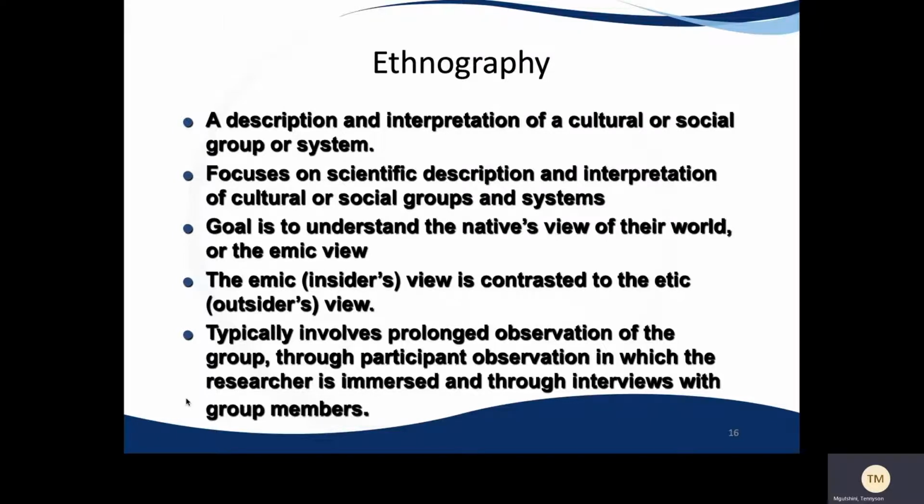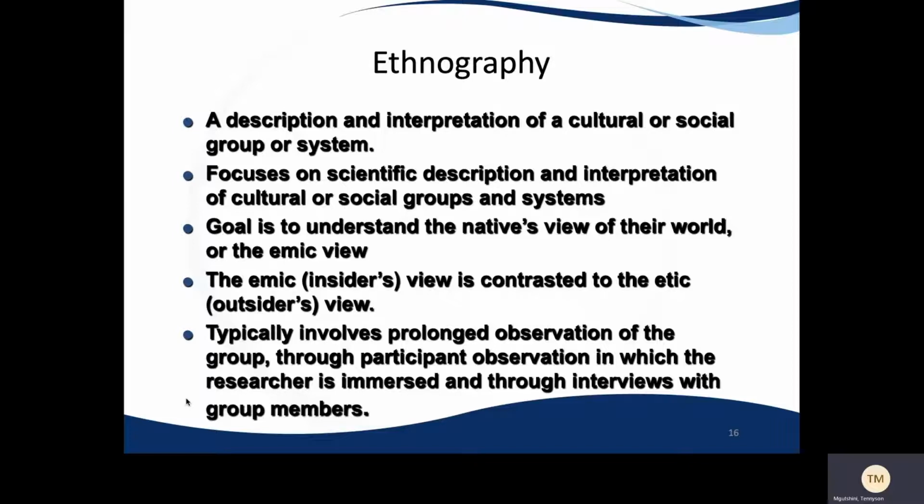Of course, this can be contrasted with someone who does an ethnographic study but studies the culture as an external or etic viewer. So typically with ethnography, for you to have a much more confident sense of what it is that you are seeing or experiencing, so you have a better sense of the culture or the social group you're looking at, this will involve the prolonged exposure or observation of the group or the class or the system or the culture that you're looking at.